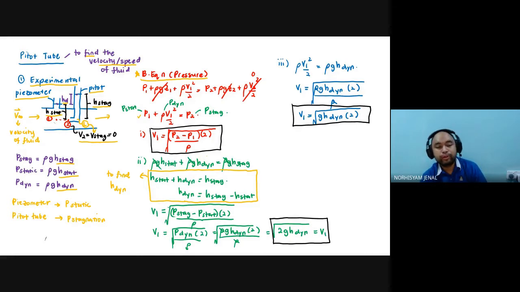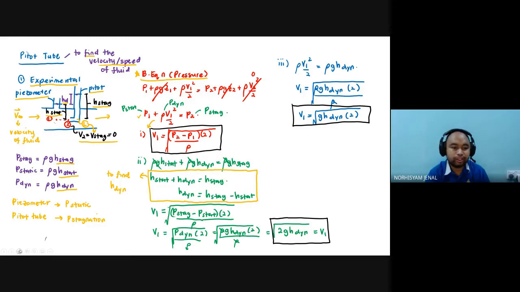The way for you to calculate this is we rearrange this equation into number 1, where V1 equals the square root of 2 times P2 minus P1 over rho. The second way is, instead of using P2 and P1, we use the definition of P2 and P1.